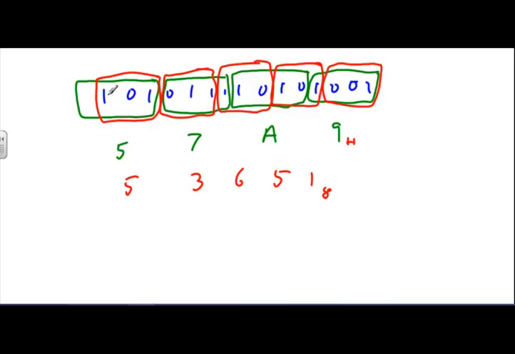Okay, I can't put this binary number in my calculator and get it in base 10. It's too big. But I can take the hexadecimal one and put it in my calculator and find out what it is in base 10.